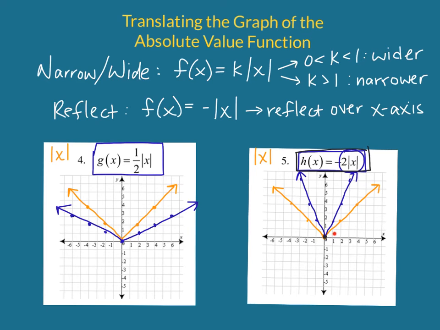But instead of having the point 1, 2, that'll get reflected down to 1, negative 2. And then instead of having the point 2, 4, that'll become the point 2, negative 4. We'll have 3, negative 6. And we'll have the same thing on the other side here. So our graph has been made more narrow, and it has been reflected over the x-axis. So our final graph is the black graph there.